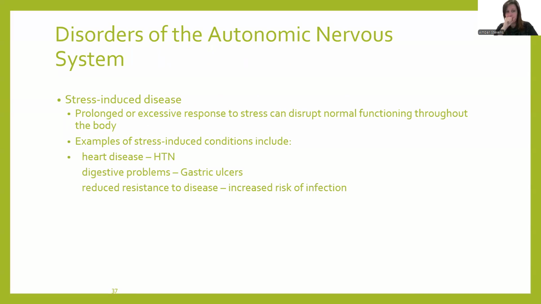Okay, so disorders. Because both the nervous system and the endocrine system are involved with stress disorders, these disorders are usually referred to as neuroendocrine disorders. Stress or abnormal ANS activity can lead to conditions like hypertension, which is high blood pressure, and that can happen with prolonged SANS activation.